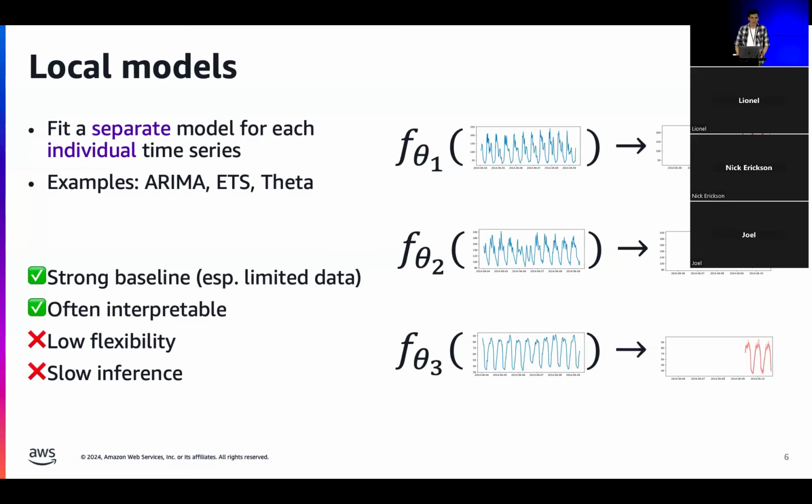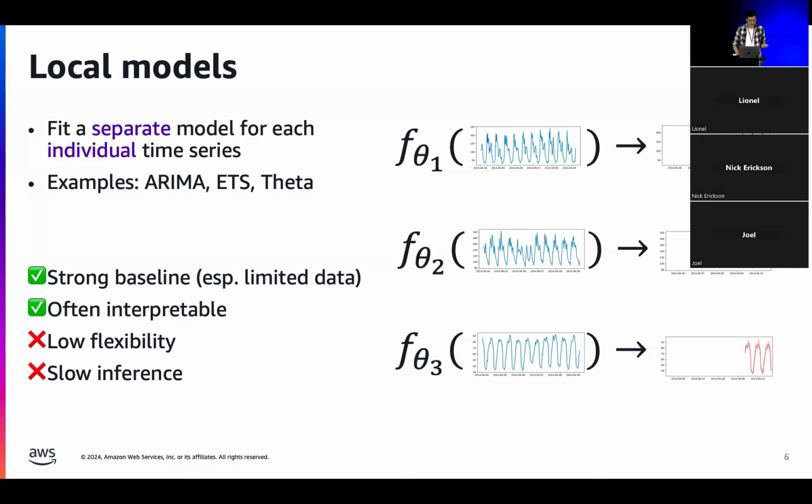And if you have limited data or you have lots of missing values, these models might give you very strong results. But they of course have limitations, first their low flexibility, which happens because these models only have a few parameters. They cannot capture complex patterns. We usually rely on very simple properties of the time series that are present in there. And also another big disadvantage is their slow inference time, because each time we want to forecast a new time series, we have to fit a new model.